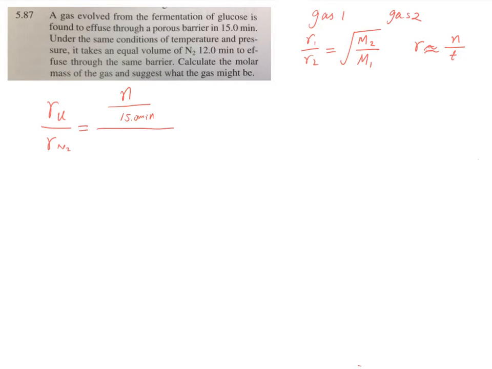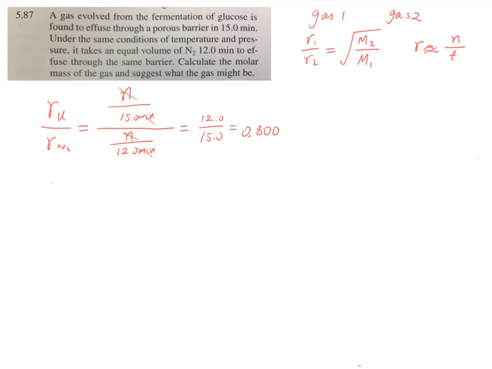And the effusion speed for nitrogen will be the same mole number n divided by the effusion time of nitrogen, 12.0 minutes. The n cancels. This gives us 12.0 over 15.0, equal to 0.80.